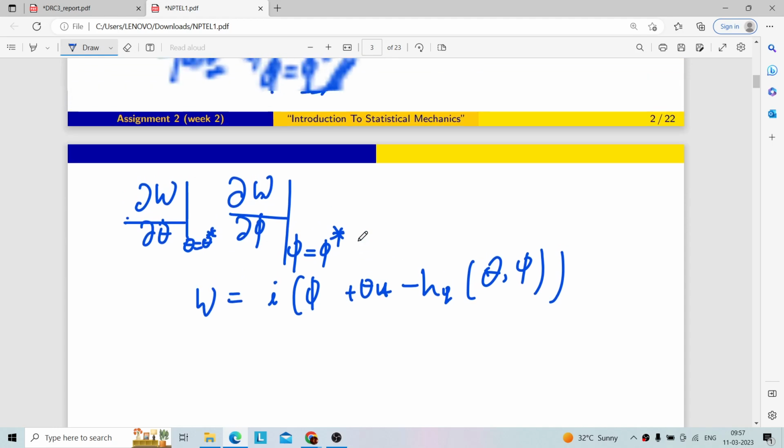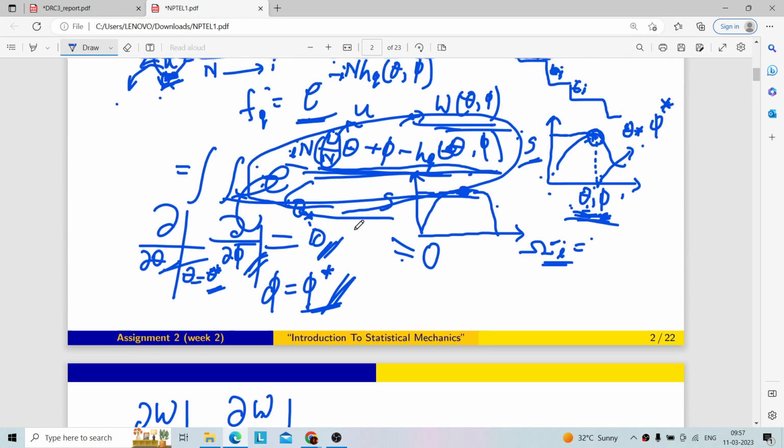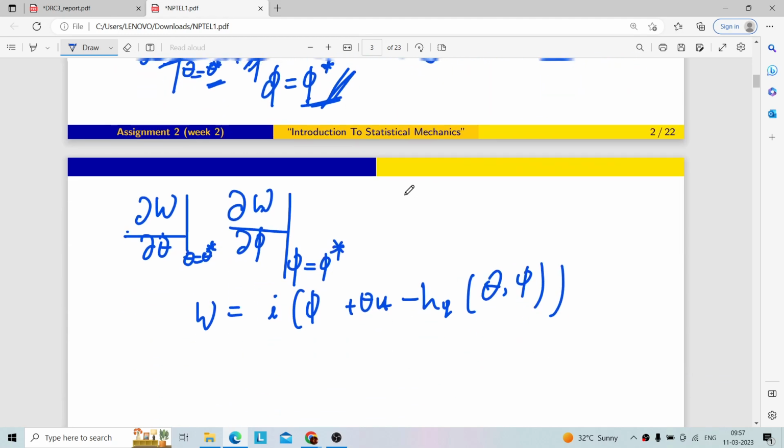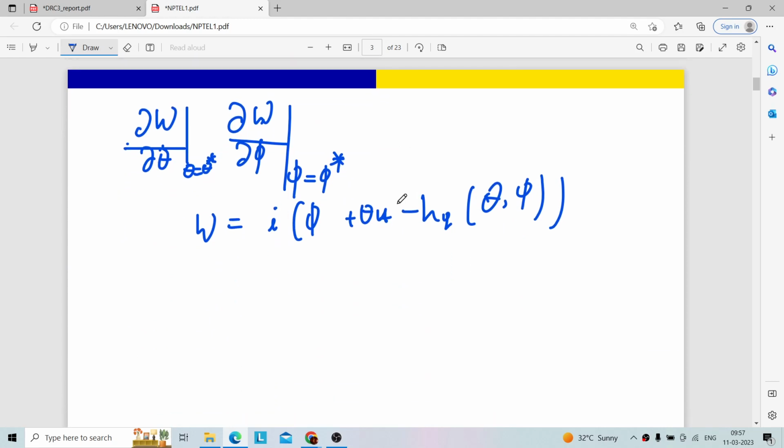We can see from here, apart from this n, this whole term I am taking as I, n and w. W is a function of theta and phi, where the rest are w. That's what I have written here.